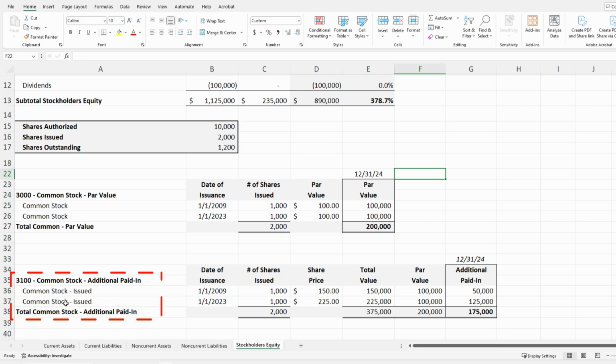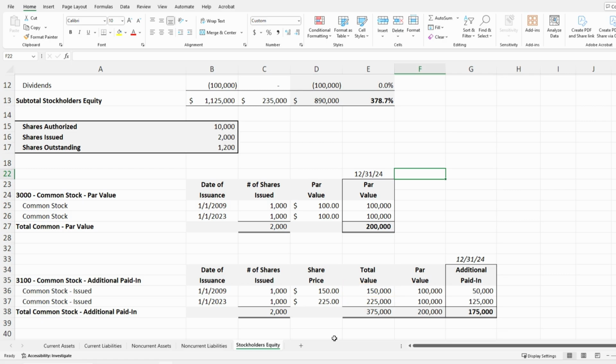For example, in our 3,100 common stock additional paid-in capital account in 2009, when we issued the 1,000 shares, the share price was actually $150, which was $50 over the par value. So the total amount we raised in 2009 was $150,000.